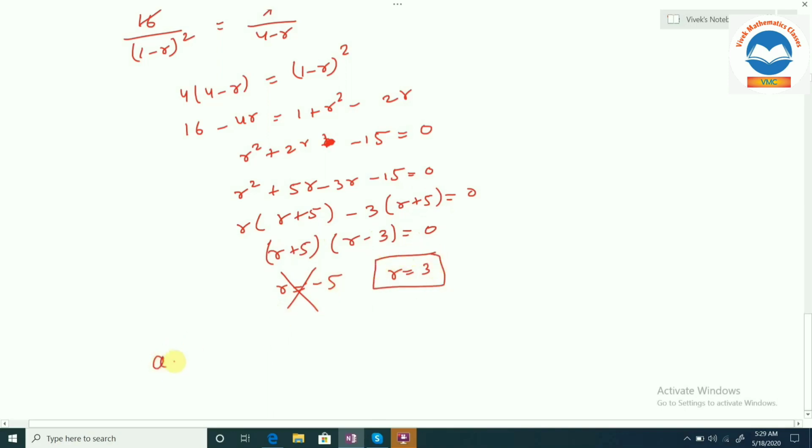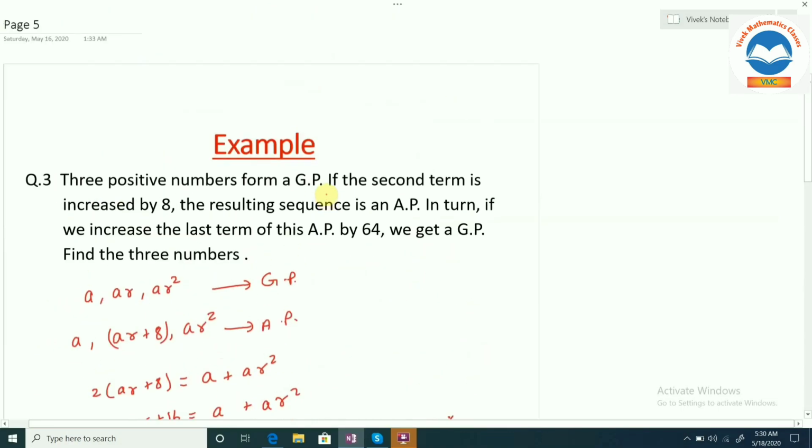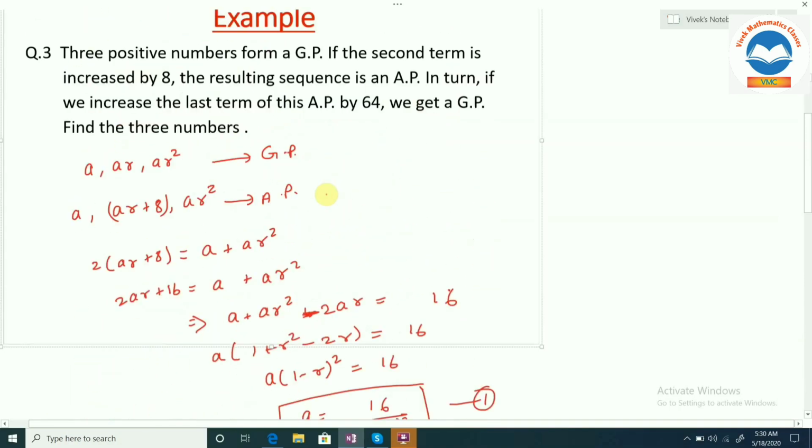What will be the A value? A will be equal to 4 divided by 4 minus R. Substitute R equal to 3: A value is 4 divided by 4 minus 3, it will be 4. Next, what they are asking? Find the three numbers. What are the three numbers?